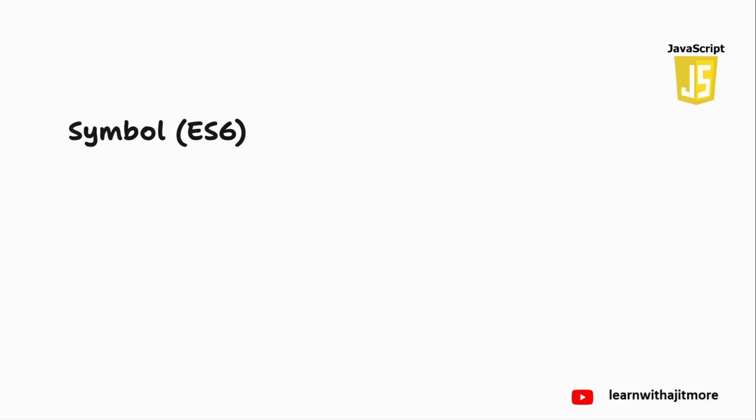Then there's one more data type called symbol. At this moment, just understand it. Maybe after some time, I'll give you the applications of symbol also. This was not there in the initial version of JavaScript. It was introduced in ES6, that is from 2015. Okay. It is just creating a unique, immutable identifier.